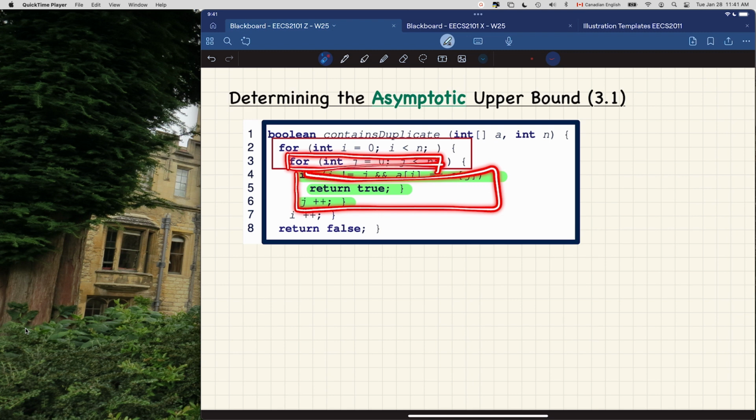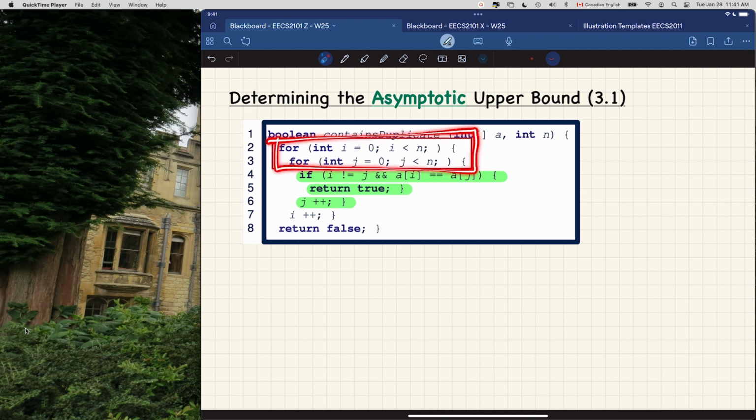That means this block of code is going to be executed for every combination of i and j, because this is a nested loop. For each combination, for example 0,0, 0,1, 0,2, etc., we have to execute this block of code once. That's the very first insight you have to realize.